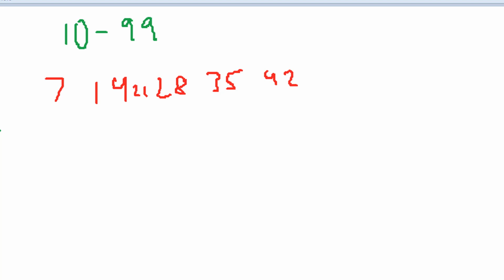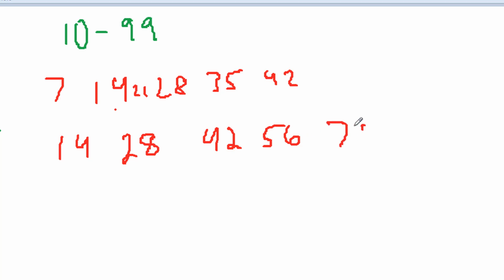And we also know that it's even. So even and divisible by 7 means it's going to be a multiple of 14: 14, 28, 42, 56, 70, adding 14 each time, 84, and 98. Only one of these has a digit of 9, so that's 98.